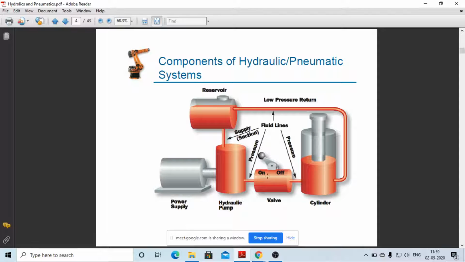One is called the DCV, that is the directional valve. One is called the pressure release valve. The pressure release valve is also important, and some other types of valves are also available. We will see them in the valves part, but here there is a directional valve.